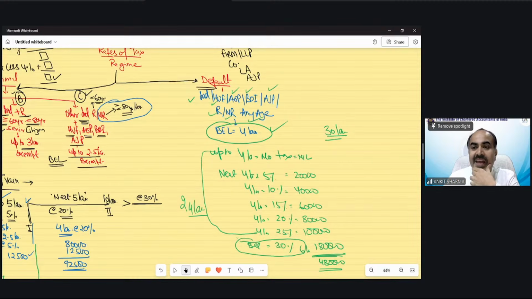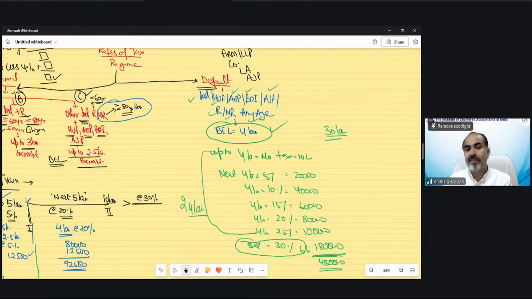So this regime we have to choose. It would be given in the question which regime you need to follow for the purpose of the solution. The question will ask you to calculate tax as per the optional or default tax regime or both. So if the question is silent, you need to calculate tax with both regimes. Okay. Someone is asking, sir, do the surcharge and rebate provisions remain the same for all categories?